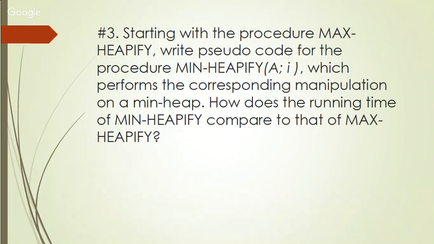How does the running time of min-heap compare to the max heap? So basically, the question here is first of all to modify the algorithm from max heap to min-heap and see what the running time will be. So our solution is here.